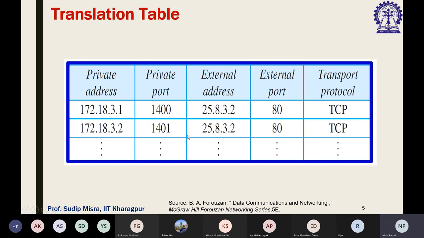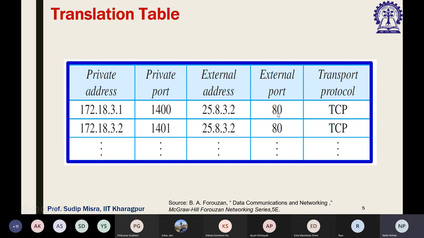So that has a number of benefits. One of the benefits is that you can run multiple applications at the same time, and this translation can be done, with support made by adding the port number to the private and the public address.